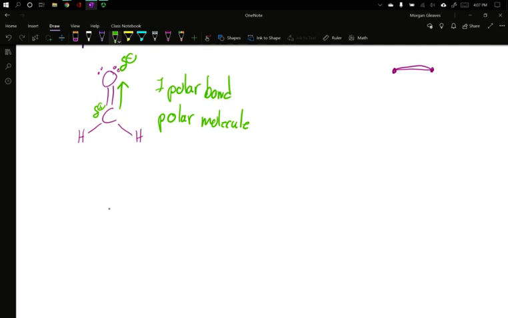If we have, let's do ammonia, NH3. I have a nitrogen. It's got a lone pair going up. It's got a hydrogen, hydrogen, and a hydrogen going down.